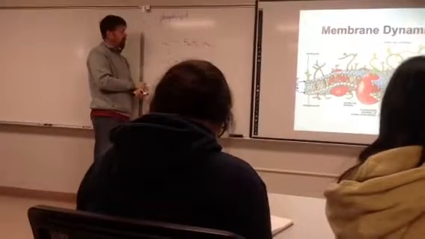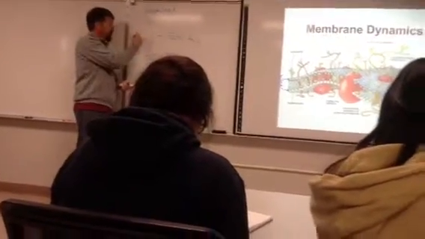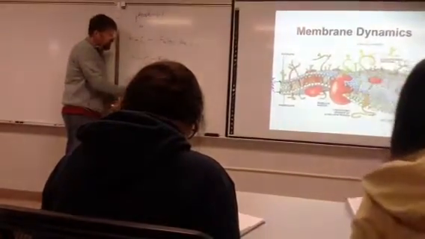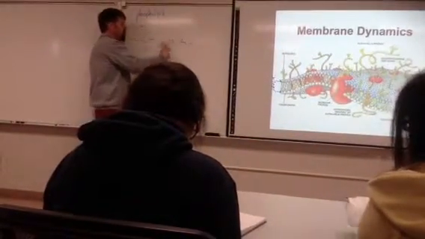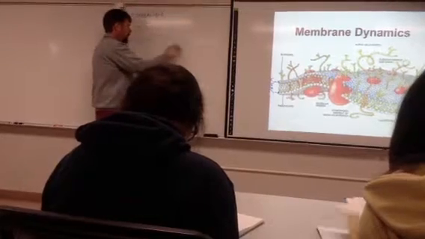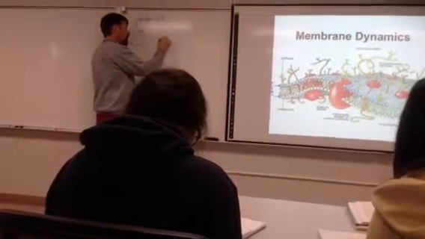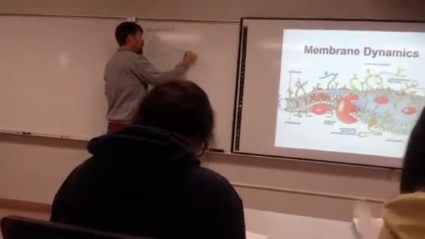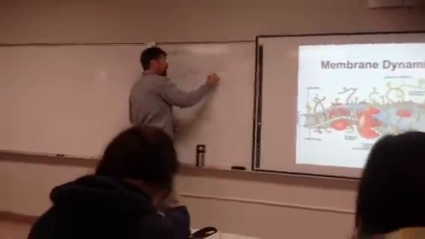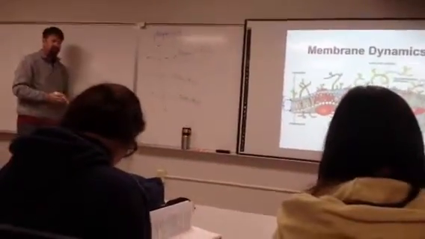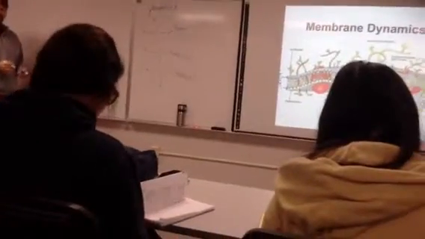What a phospholipid is, taking one of these, this is all hydrogen here, taking one of these triglycerides and replacing one of the fatty acids on the end with a sugar, and the sugar has on it some phosphate instead of fuel. So that's kind of what that phospholipid looks like.